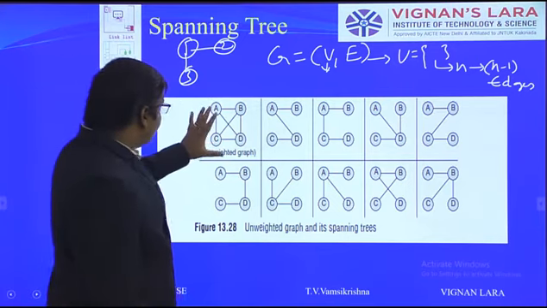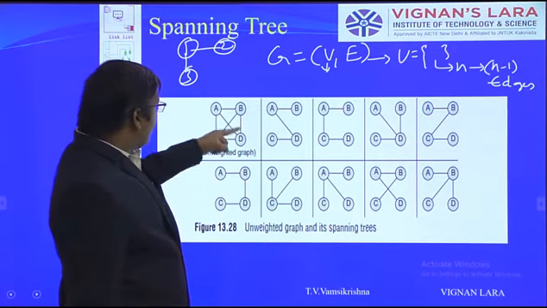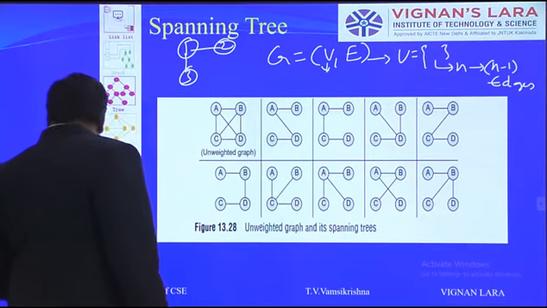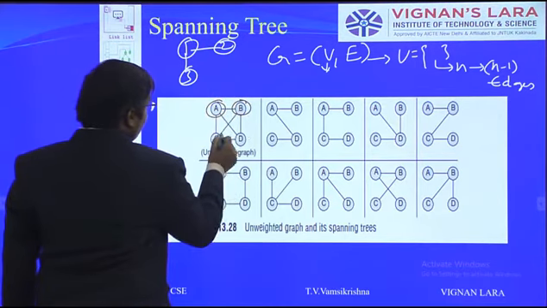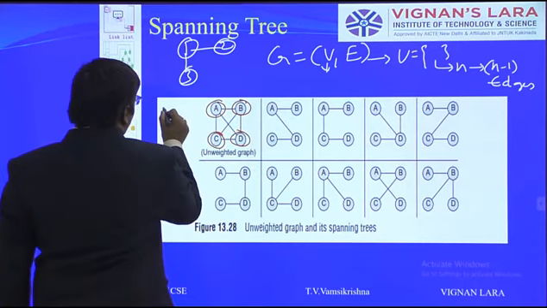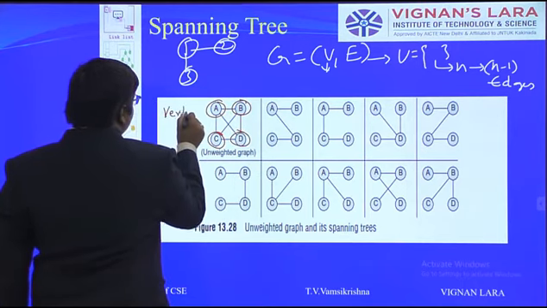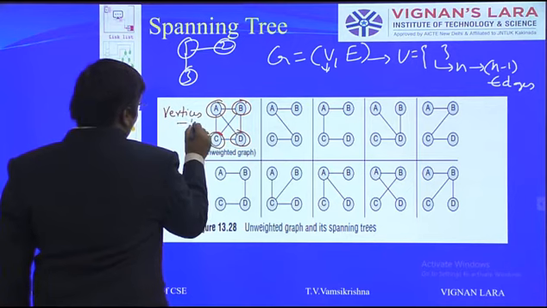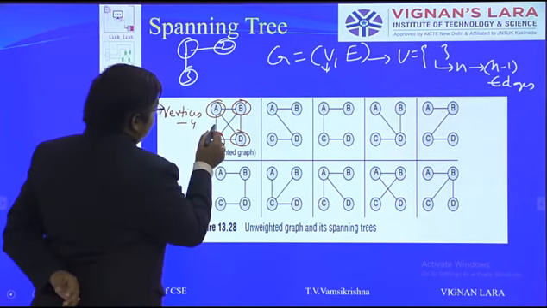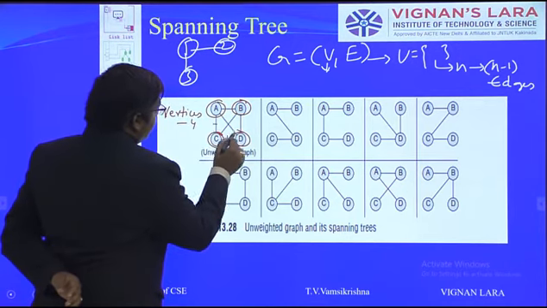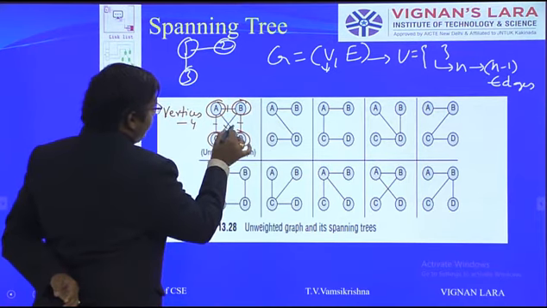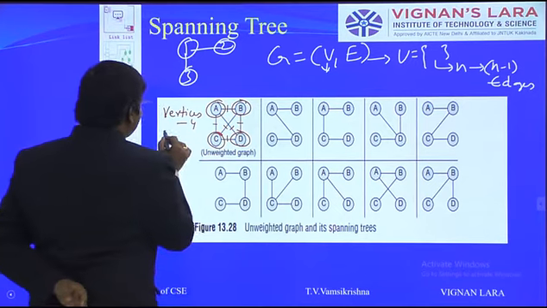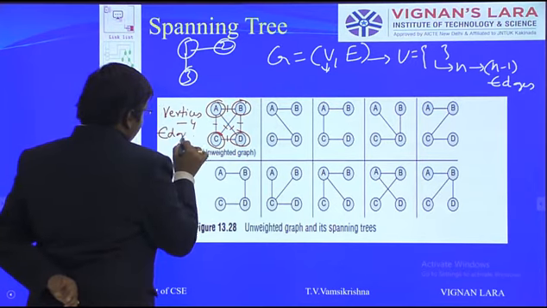So this is an example. In the given graph, 4 different vertices are there, so the vertex count is 4. Now the edges: this is one edge, this is one edge, and so on, totally 6 edges.